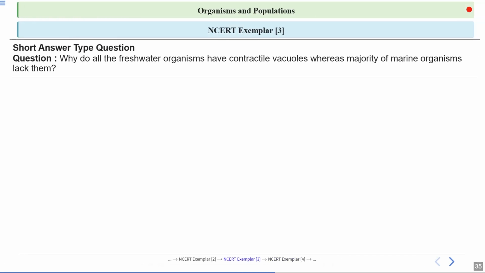Next question: why do all the freshwater organisms have contractile vacuoles whereas the majority of marine organisms lack them? Let's have a look at the answer. So basically, what are contractile vacuoles? They act like tiny pumps constantly removing excess water that enters the cell, preventing the cell from bursting.